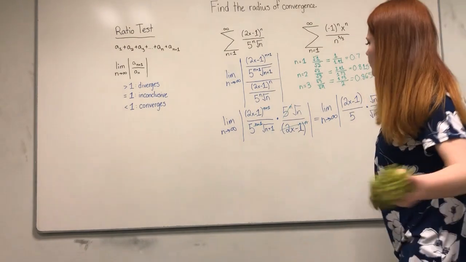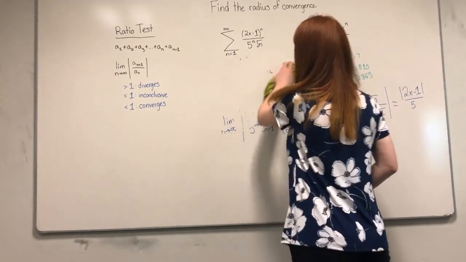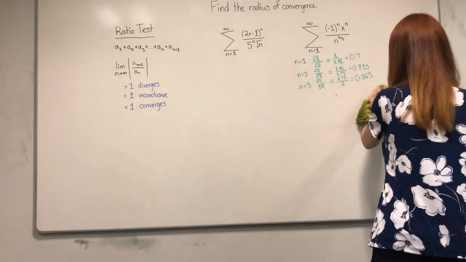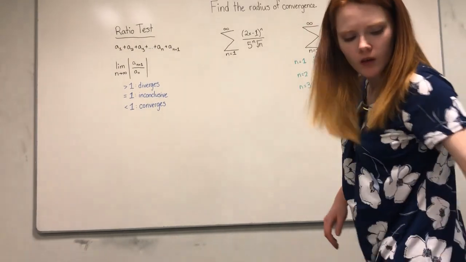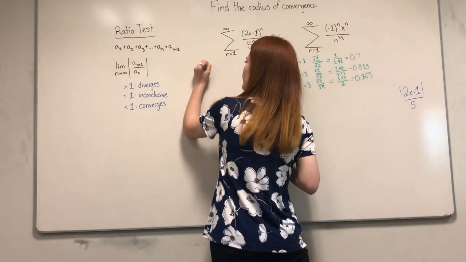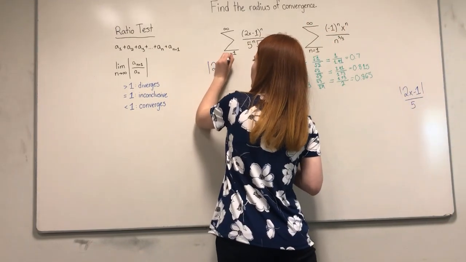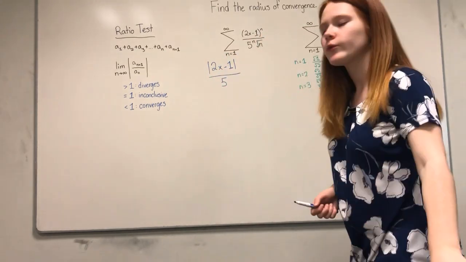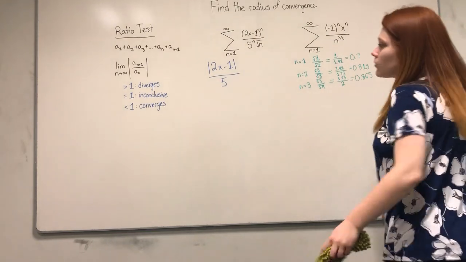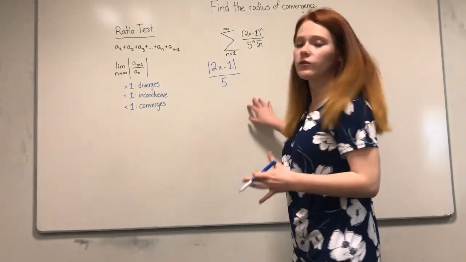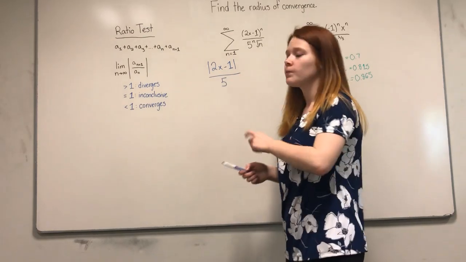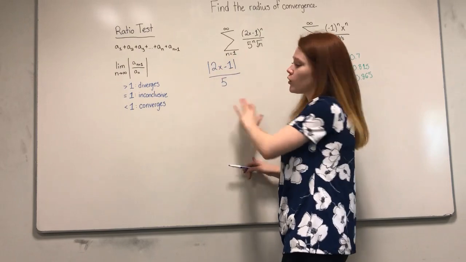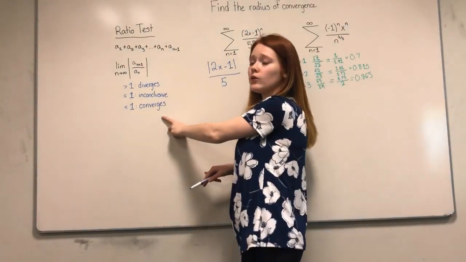So let me erase stuff real quick. If the output of the ratio test is 2x minus 1 over 5, what do we know about this? Well, we're trying to find the radius of convergence, right? So we're going to try and find where x will converge. And we know that the output of the ratio test converges when it's less than 1.